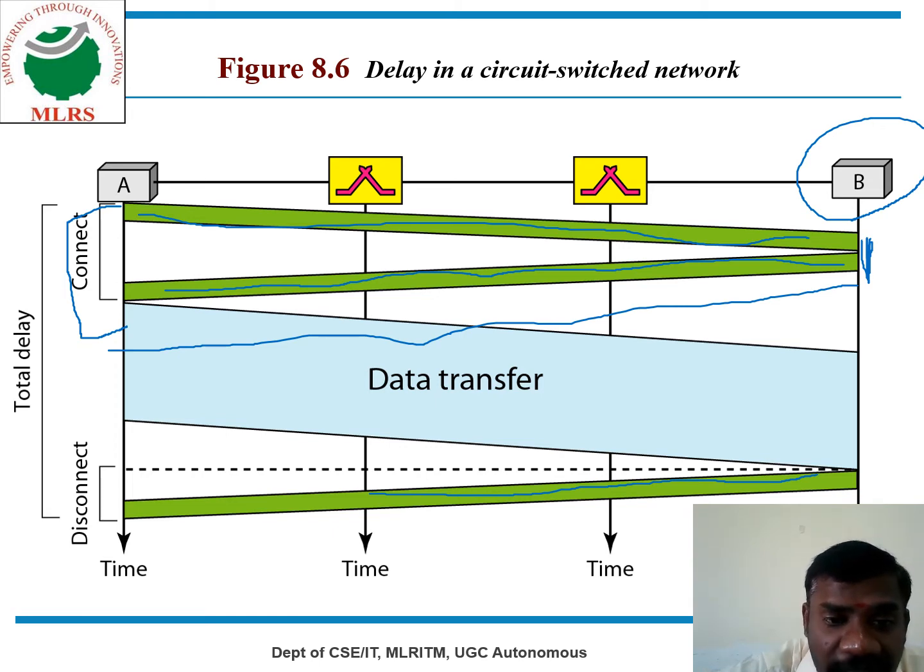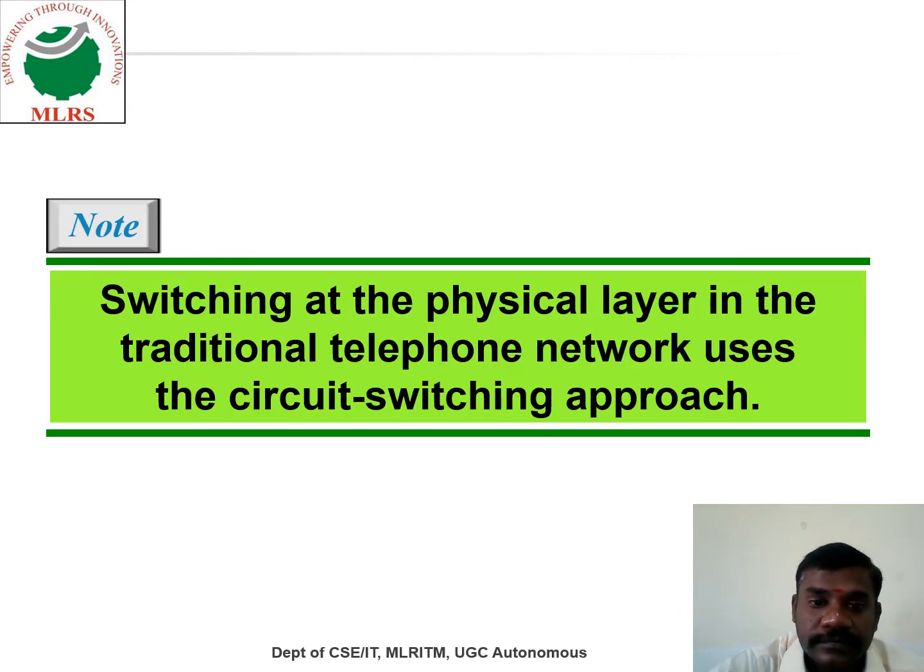Sir, what happens if, during data transmission, the link fails? It will take alternative links. That means A to switch 1 to 4, 4 to 5, 5 to M. That way the data, which is nothing but signals, gets transmitted.